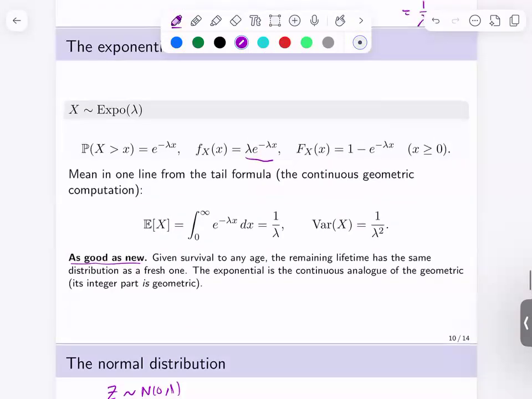It's 0 on the negative side and just drops like e to the negative lambda x, or with unit rate, e to the negative x. The Gaussian would be double-sided, and it decays like e to the negative x squared.